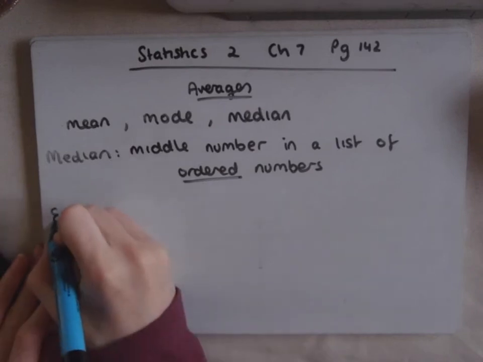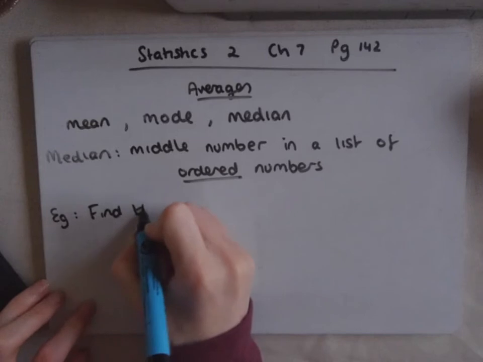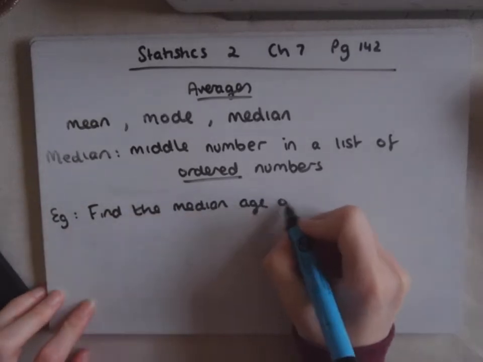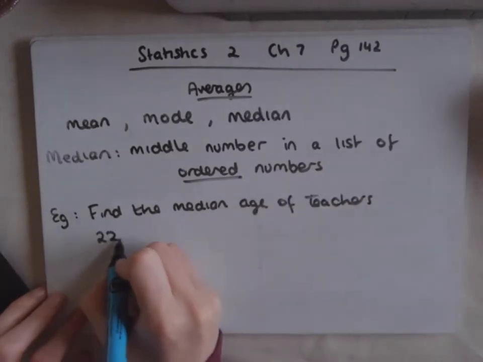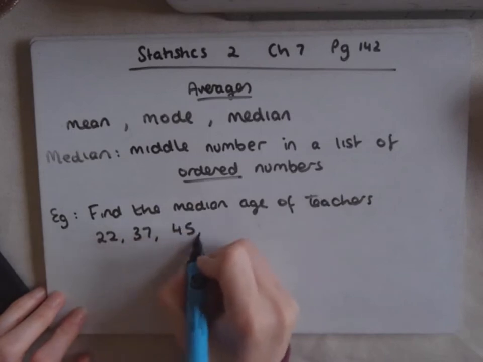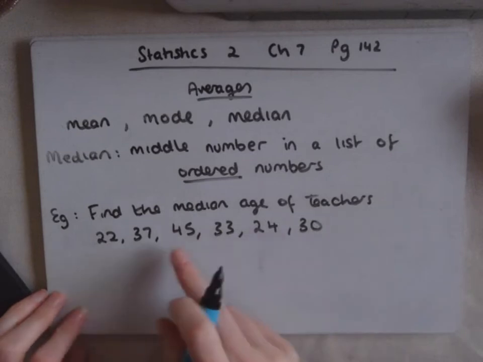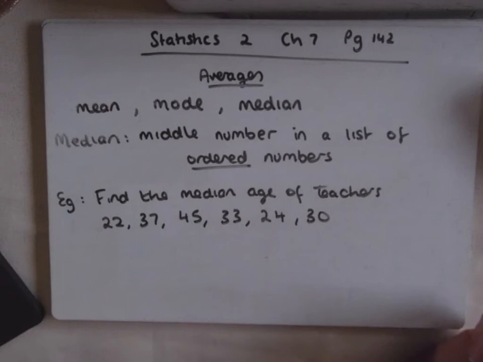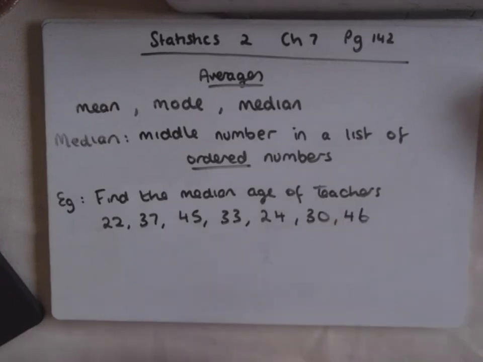Okay, so for example, if I'm talking about the ages of teachers, so here's my list. Okay, these are my teachers' ages. What I have to do is I need to put them in order.